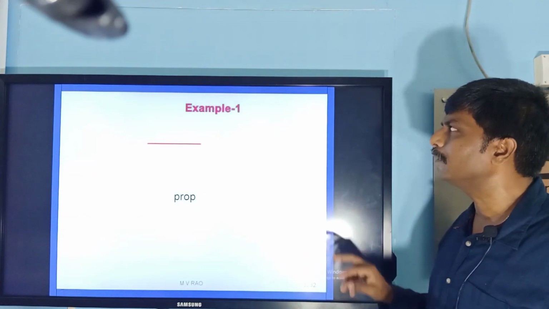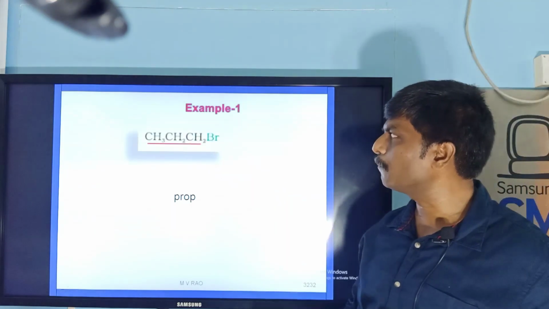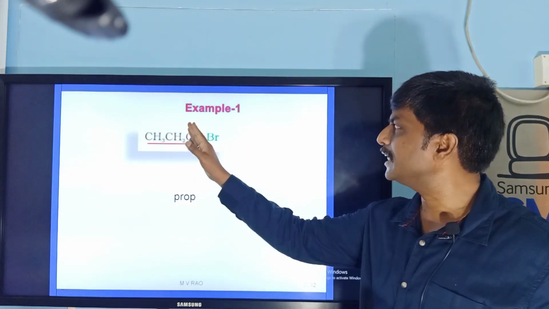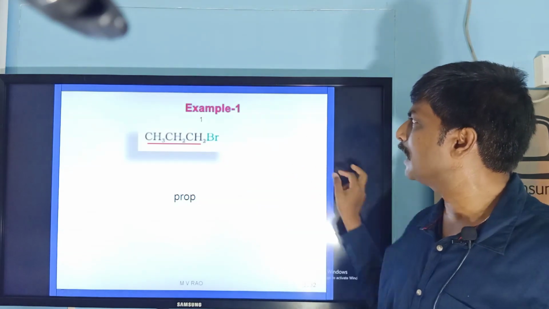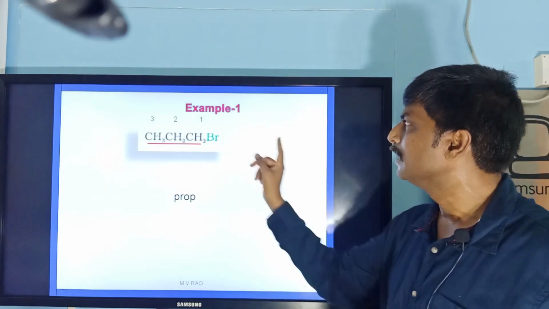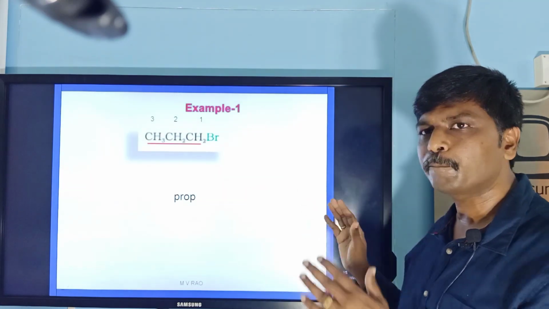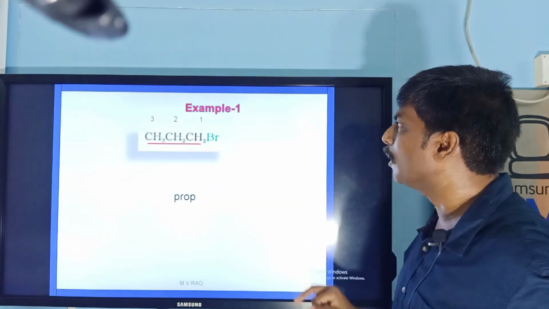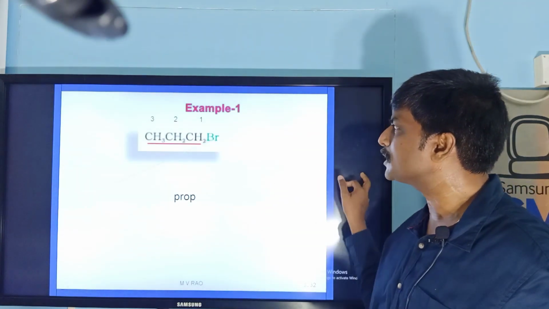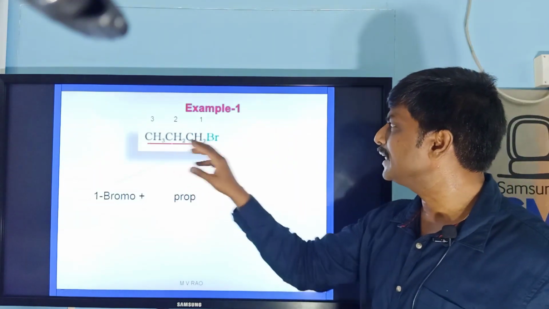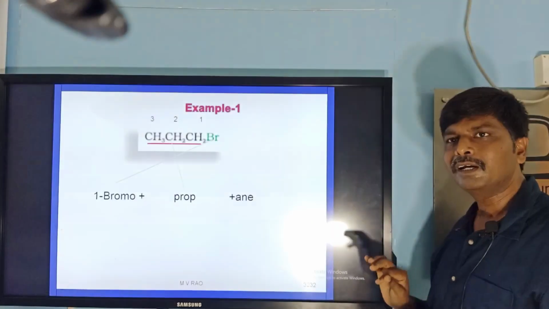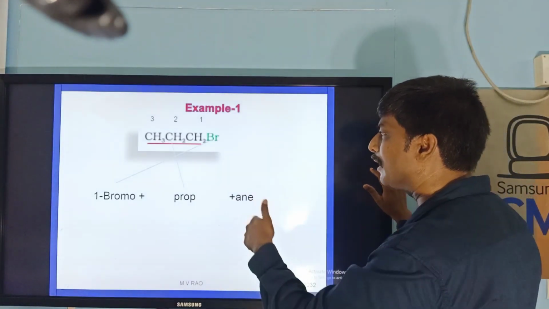You will see one example. The compound given is CH3CH2CH2Br. Count the number of carbons here: first carbon, second carbon, third carbon. Three carbons are there, that's why prop is the root word. Bromine is present at the first carbon, so 1-bromo. All are single bonds, no double bond, no triple bond, so ane.